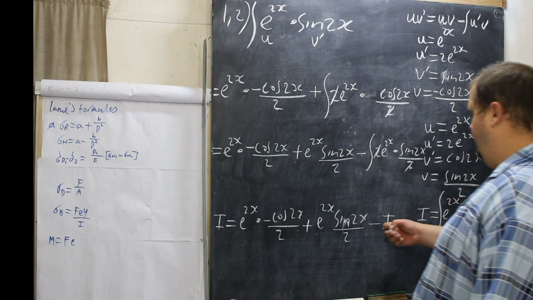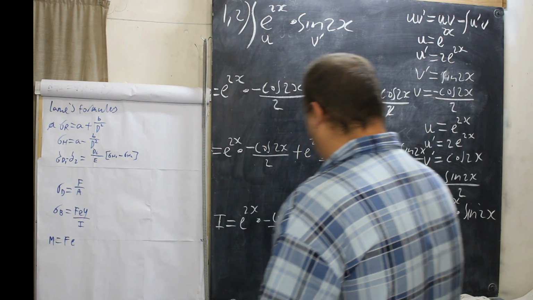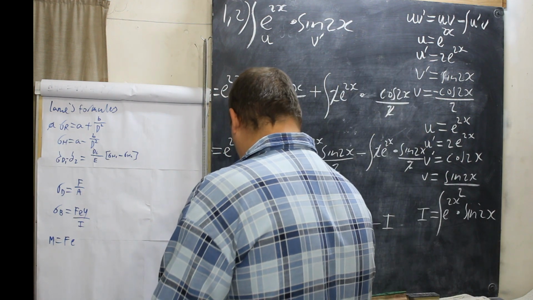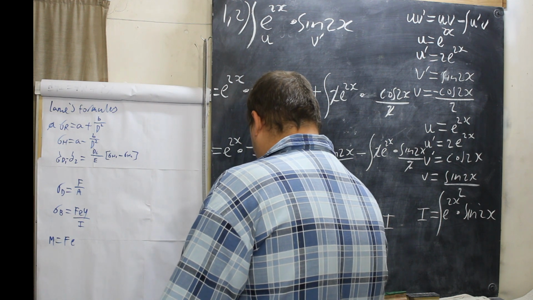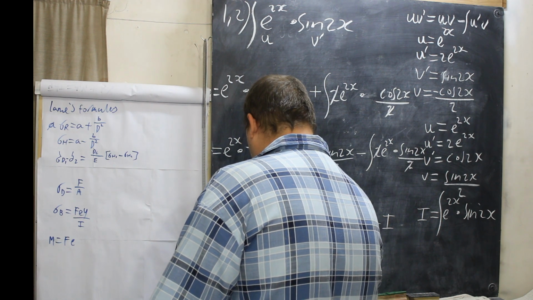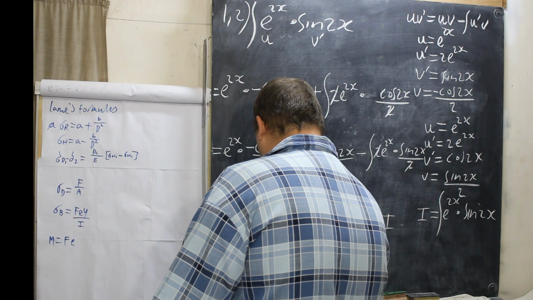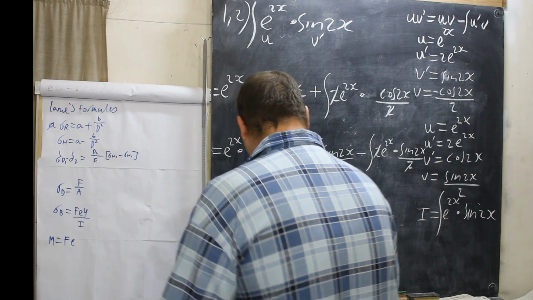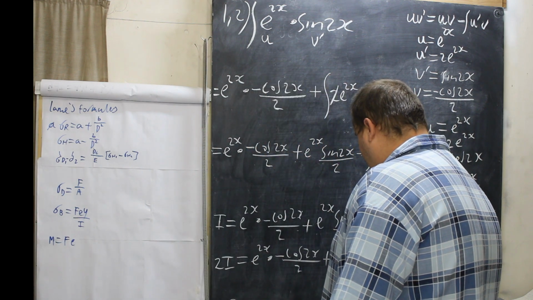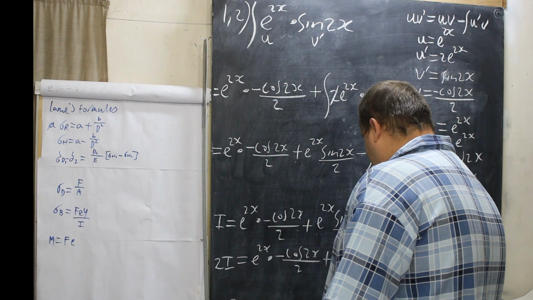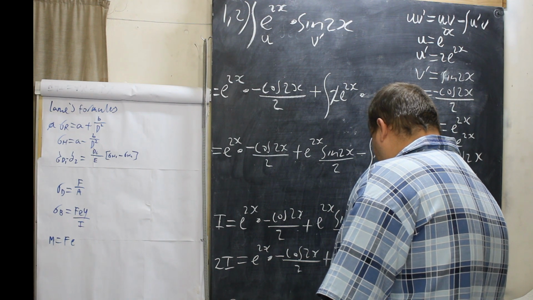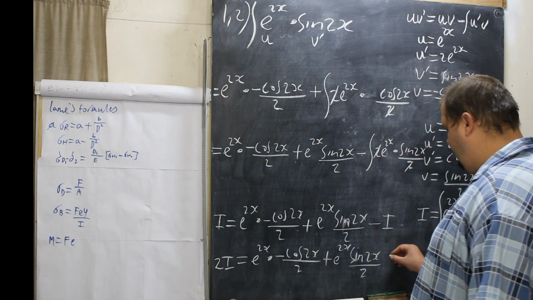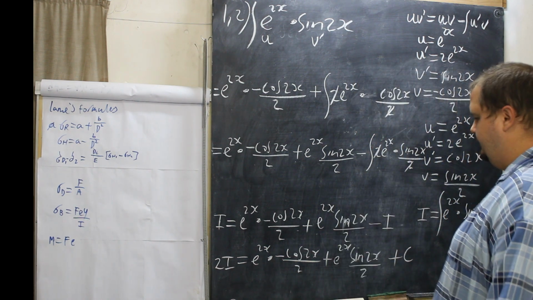So now we take both I's to the one side. So we're left with 2I equals e to the 2x times minus cos 2x over 2 plus e to the 2x sine 2x over 2 plus c.